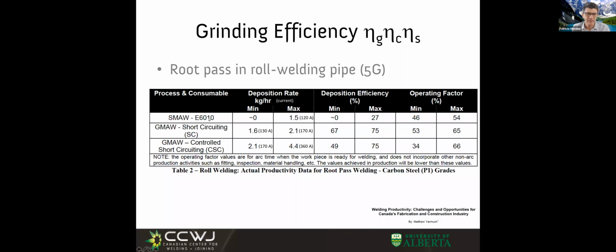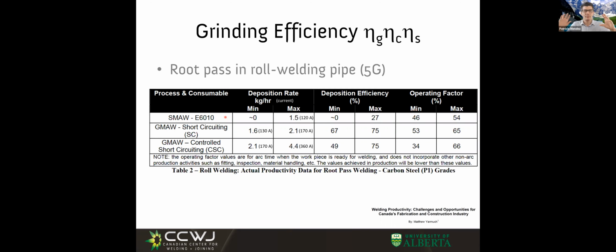He led this study of efficiencies in welding that was aiming at building the ground for an argument for using more flux core instead of stick welding. So you're going to see things like comparing 60-10 or 70-18 against MIG or flux core.